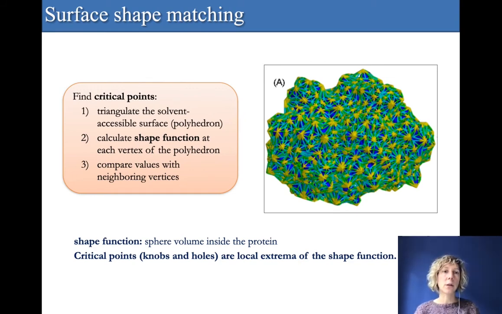So you take the solvent accessible surface, you triangulate it, you obtain a polyhedron, and then you can calculate the shape function at each vertex of the polyhedron and compare, for example, the values that you have with neighboring vertices. So this way you are able to identify critical points, which are exactly the knobs and holes I was talking about, and which correspond to local extrema of the shape function. So locally you will have some protruding part or some convex or concave, and these correspond to the critical points.